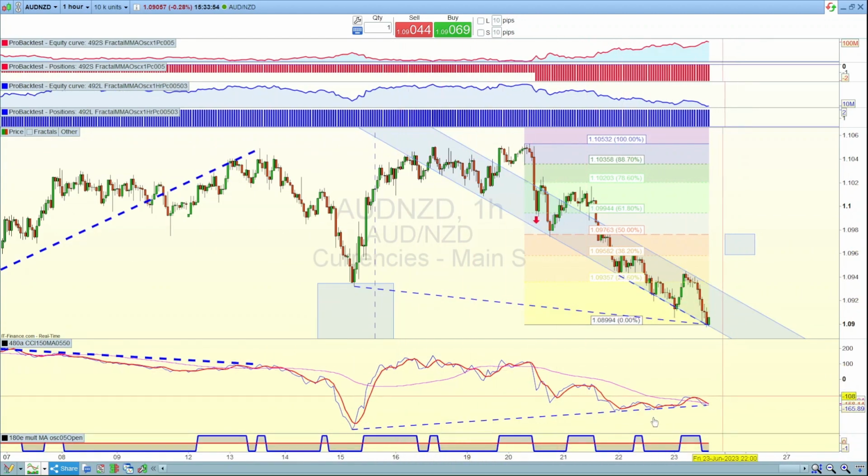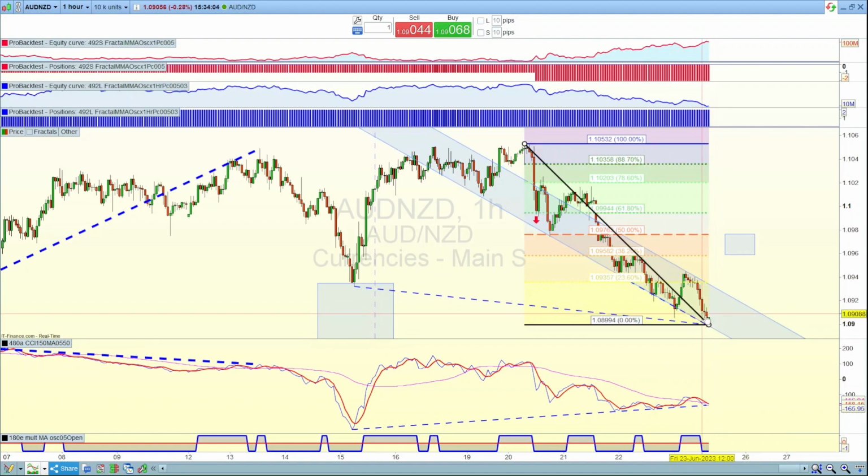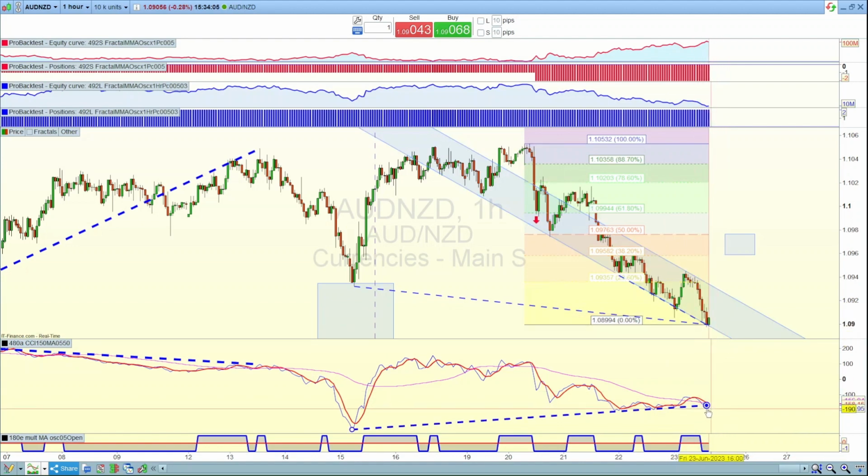In terms of this big one, if this is to work, first of all, for these to fail, we need to see the price continue to collapse to the downside, and we also need to see, for this one, for the smaller one, we need to see the CCI break below this area. So that'll be when it invalidates the bullish divergence.